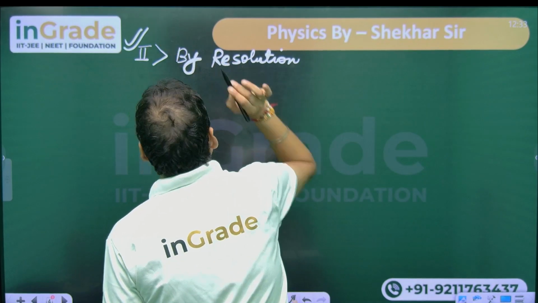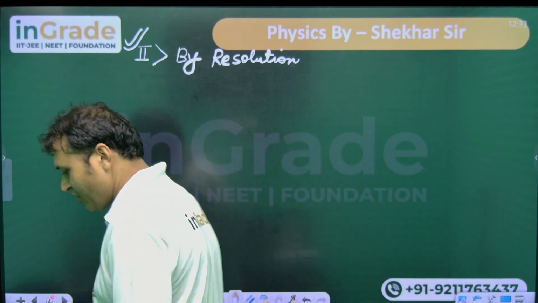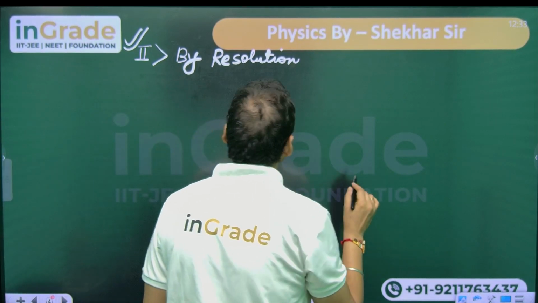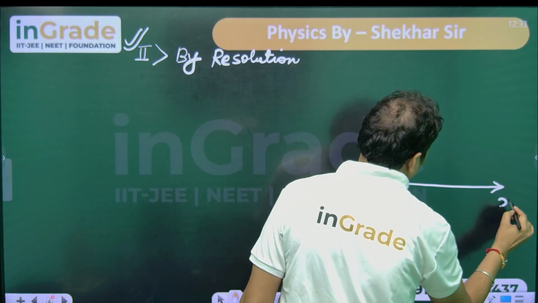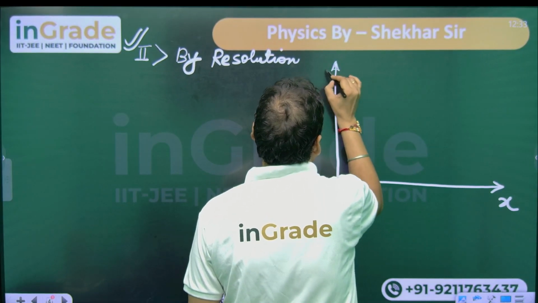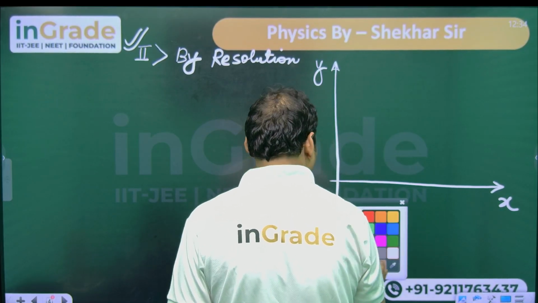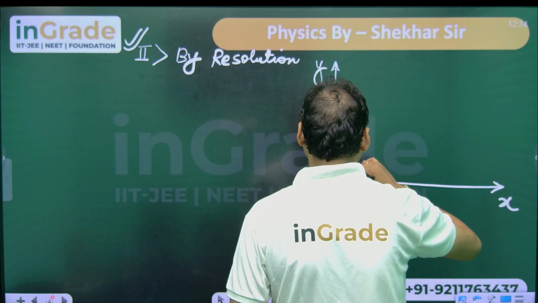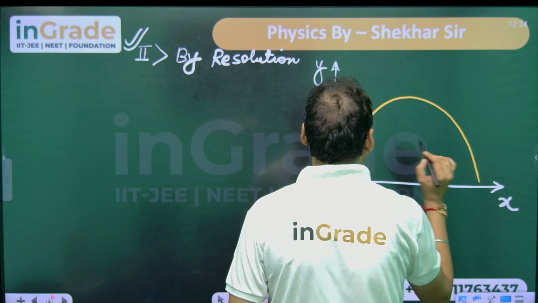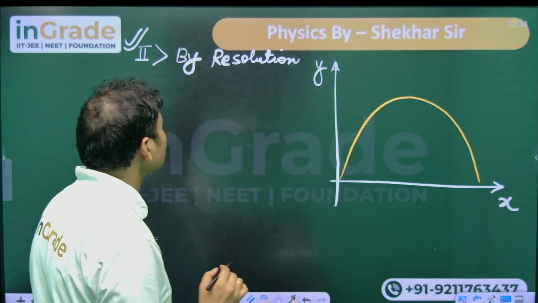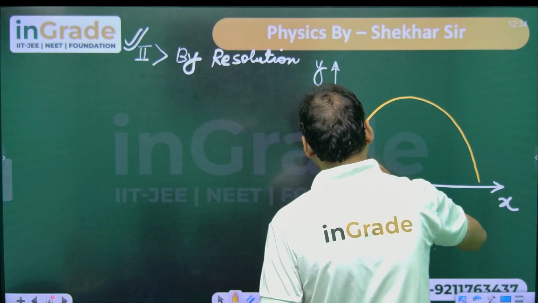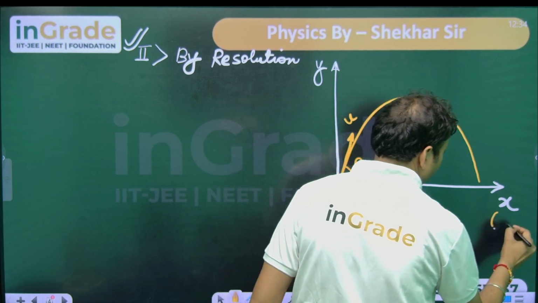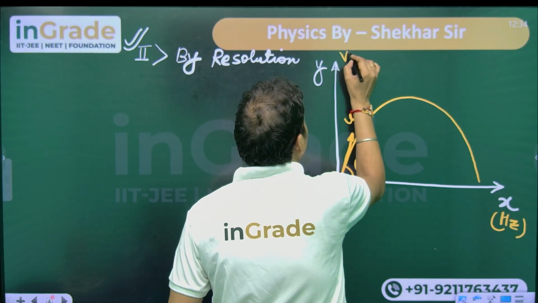So this is where we are going to study the projectile motion. Look, this is our x direction, this is our y direction. When a particle is thrown with some initial velocity u, which is making an angle theta with the horizontal, this is horizontal direction, and this is, let us say, vertical direction.